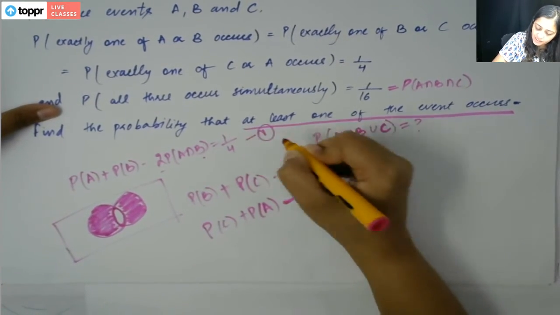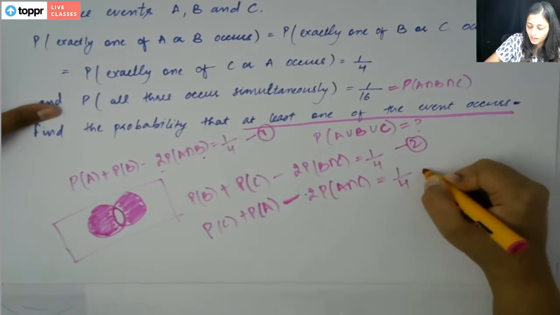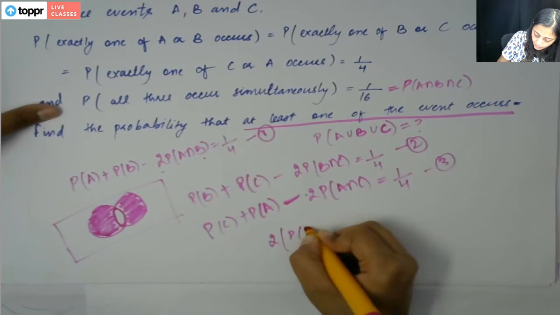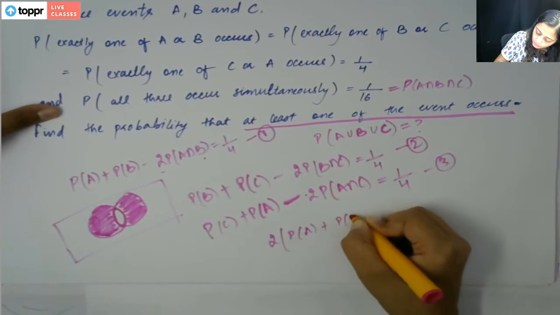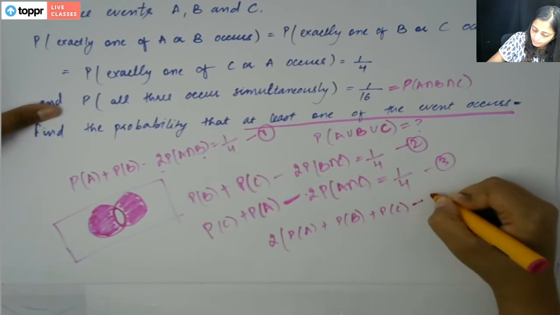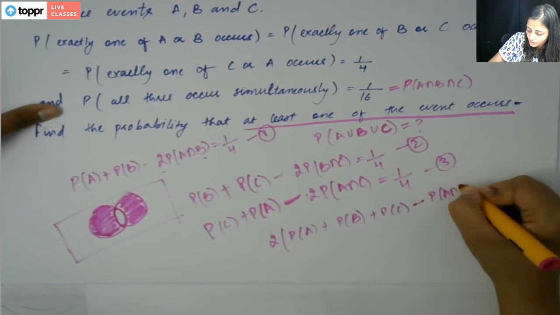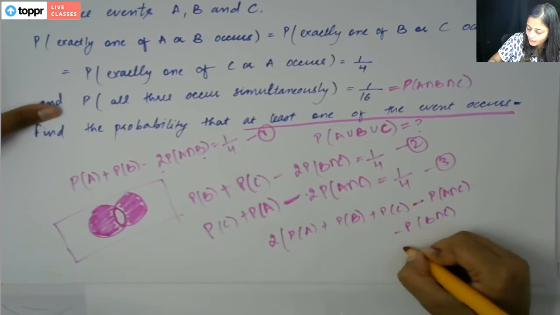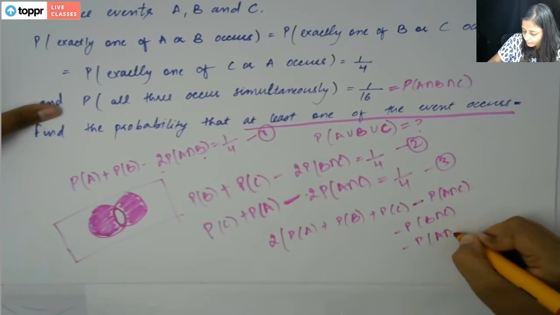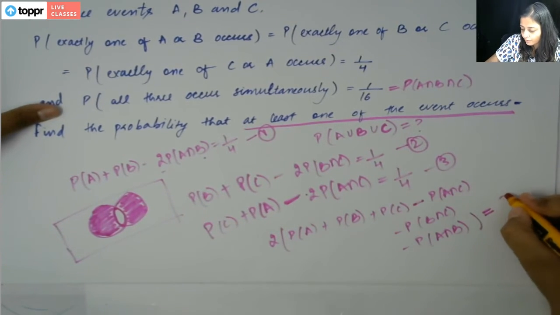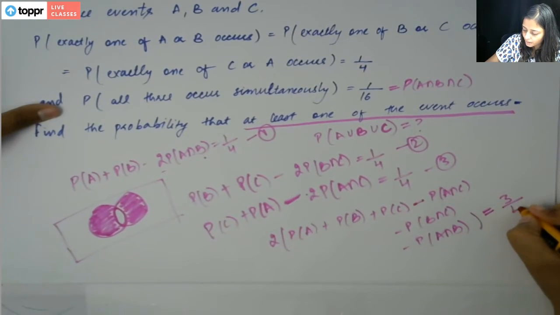Now if we add these 3 equations 1, 2 and 3, what do we get? Twice of probability of A plus probability of B plus probability of C minus P of A intersection C minus P of B intersection C minus P of A intersection B is equal to thrice of 1 by 4, 3 by 4.